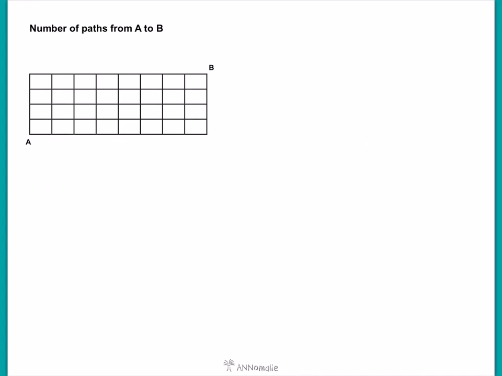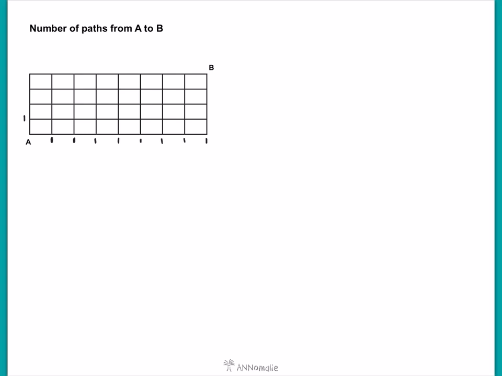So we have the same grid again, and we want to find the number of paths. Now I can start off by saying that the number of ways to get to this point is simply one, same here, and all of these correspond to a 1 because it's just a straightforward horizontal path.